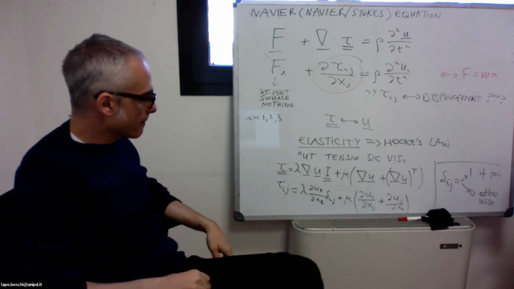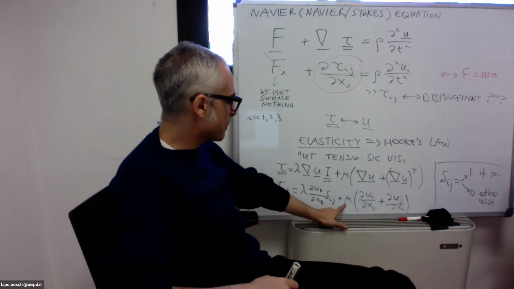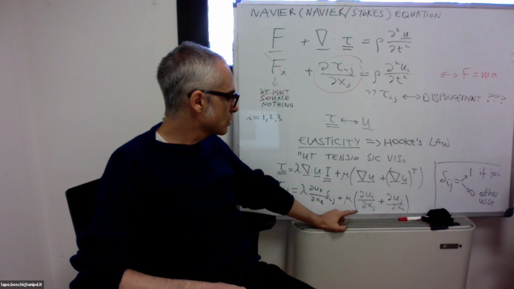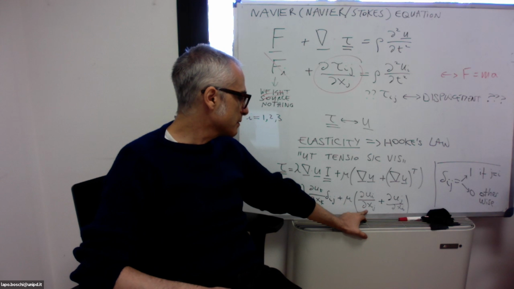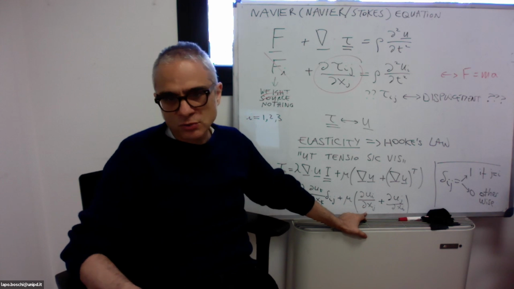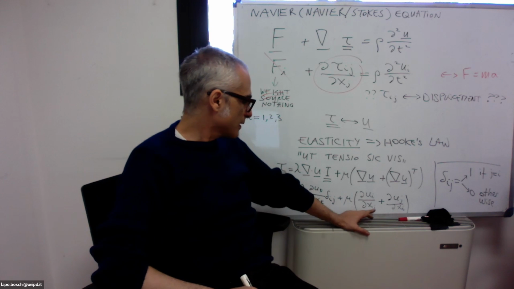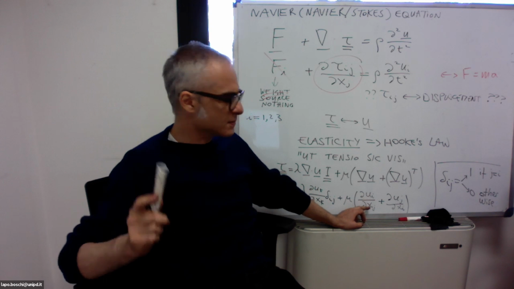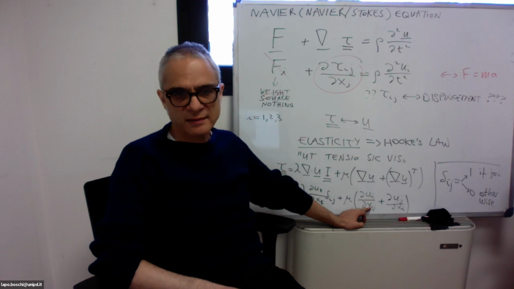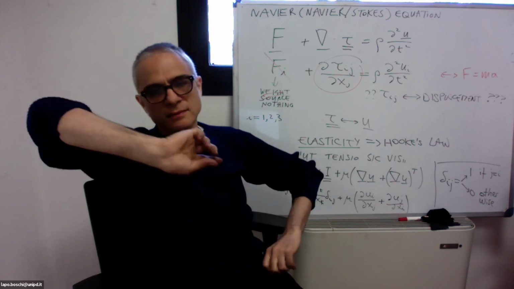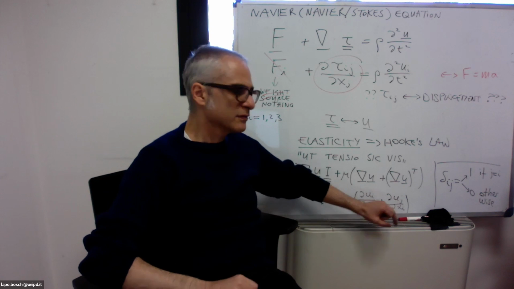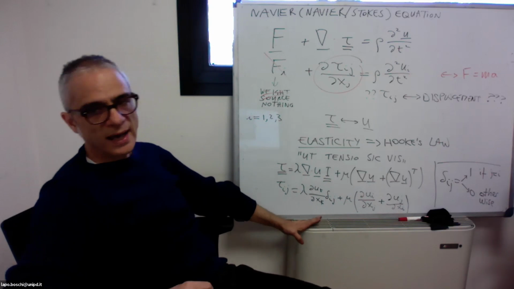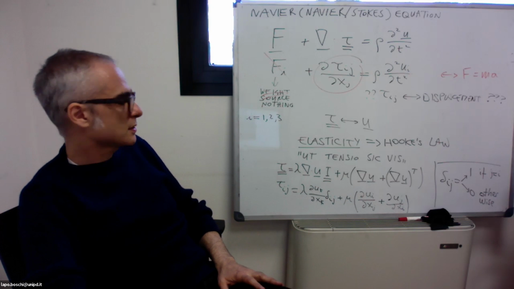Plus another parameter, which I denote with the letter mu, multiplied by, this is a bit funny, but it's just the way it works: the derivative of the ith component of displacement with respect to the jth coordinate, plus, switching it around, the derivative of the jth component of displacement over the ith Cartesian coordinate.